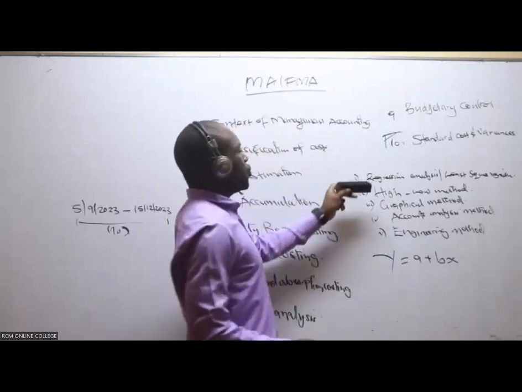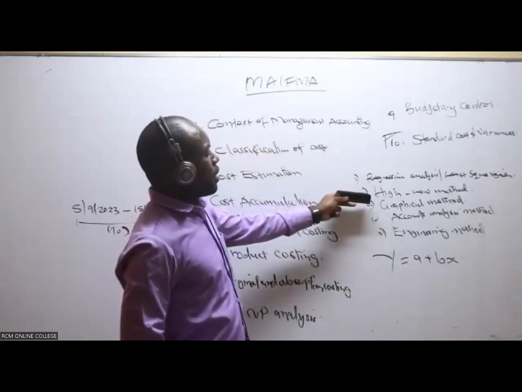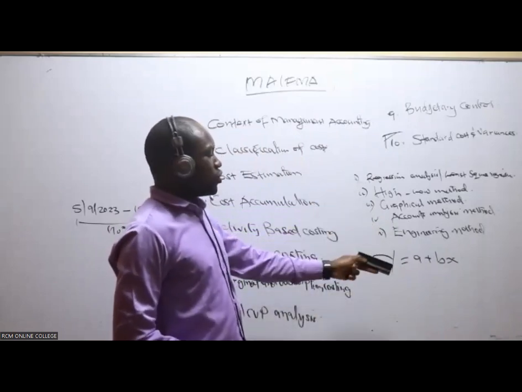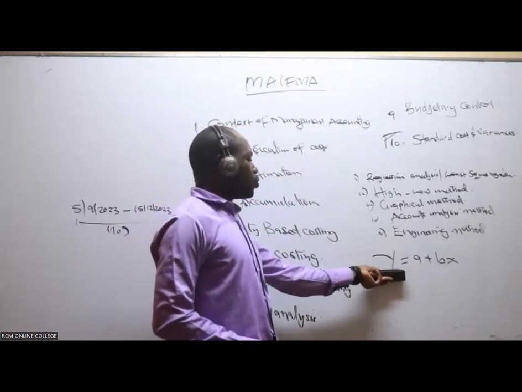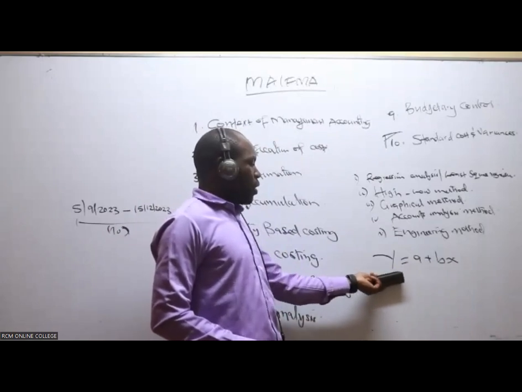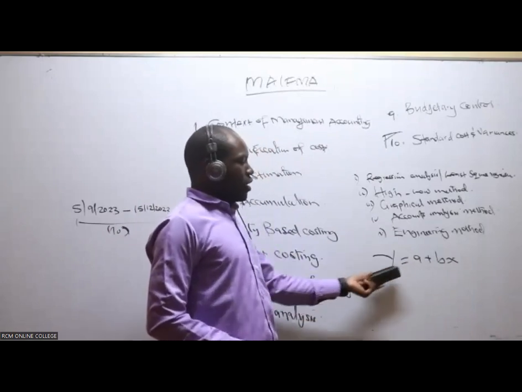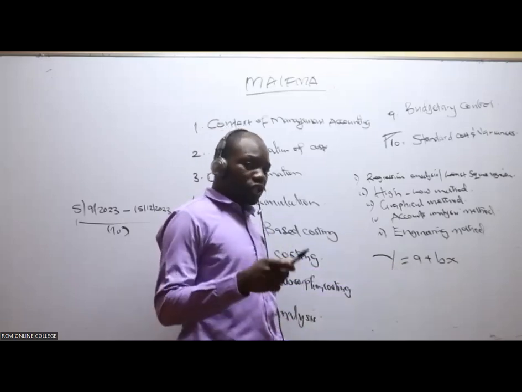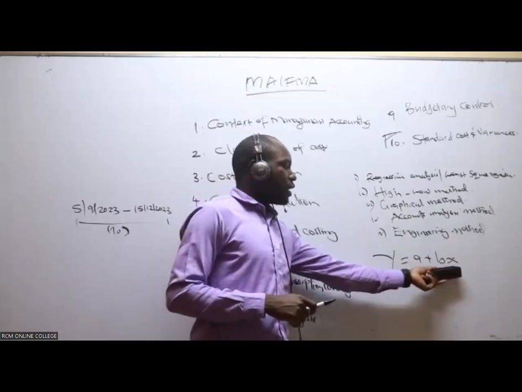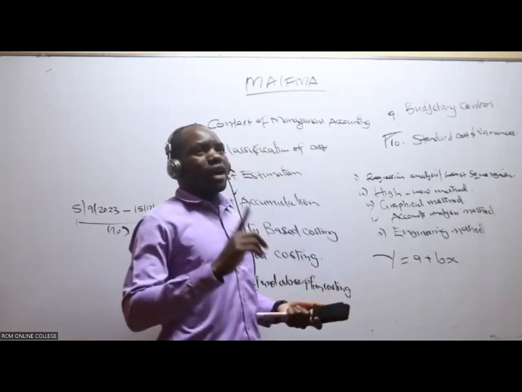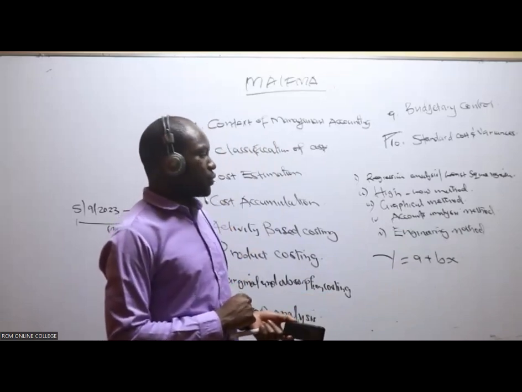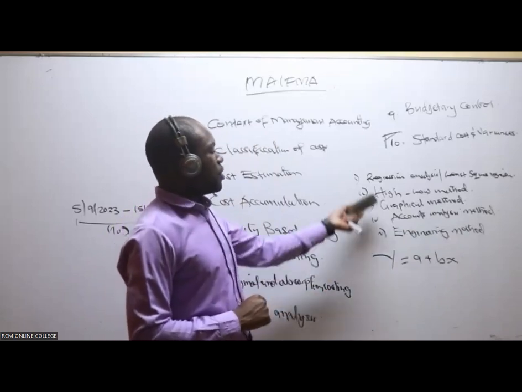So when you are doing your Roman 1, Roman 2, 3, and 4, your final output must be this, y equal to a plus bx, whereby y is the total cost, a is the fixed cost that does not change, b is the variable cost per unit, then x is the activity level. That is what you have for this one here.